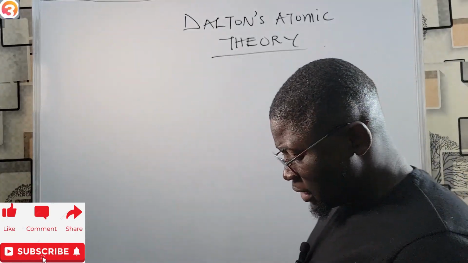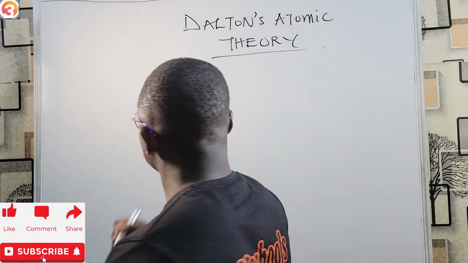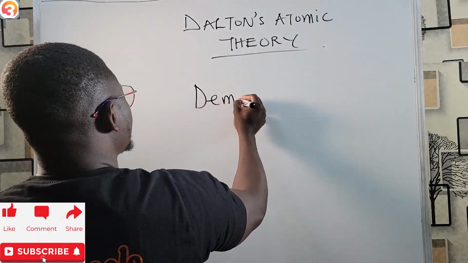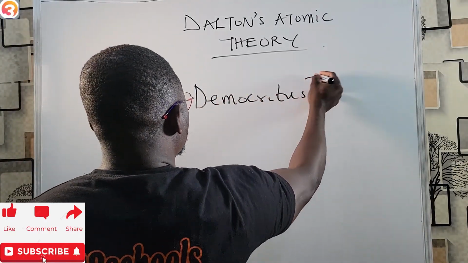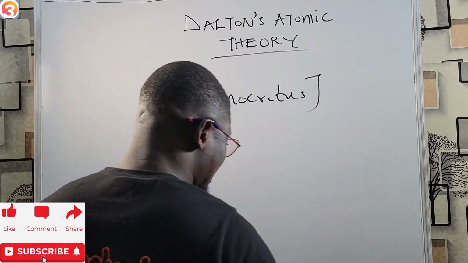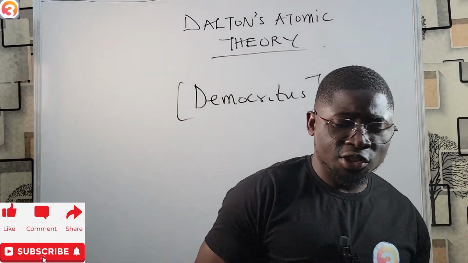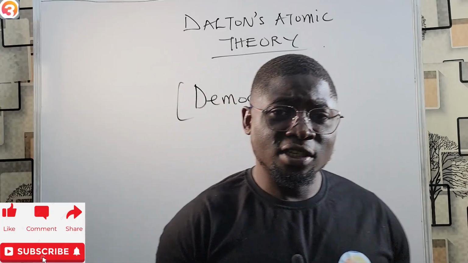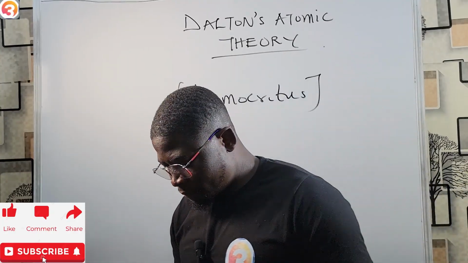All right, as we begin today, Democritus is a Greek scientist in the 4th century. He was the first to suggest atoms.